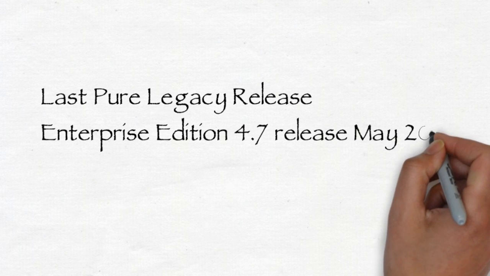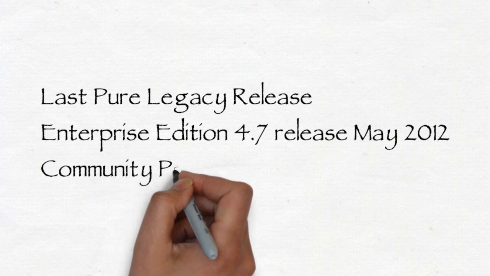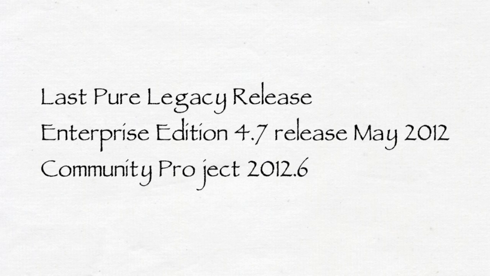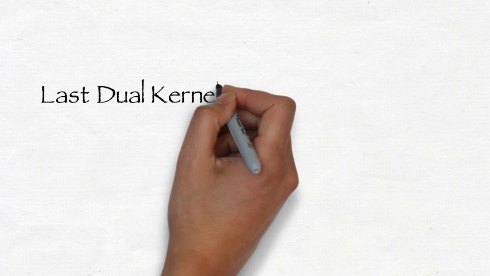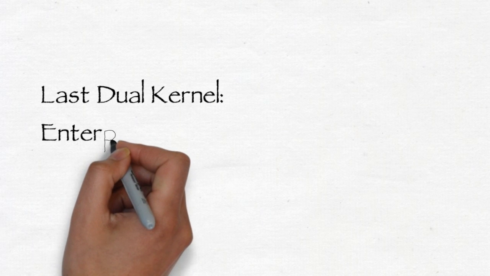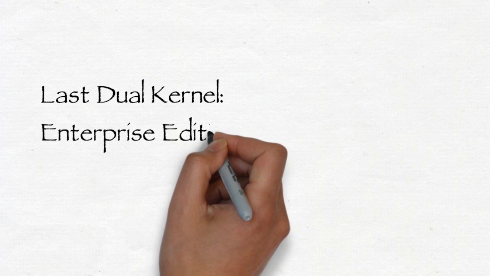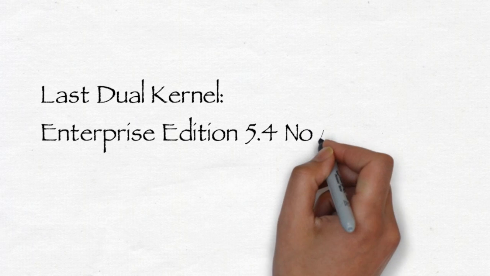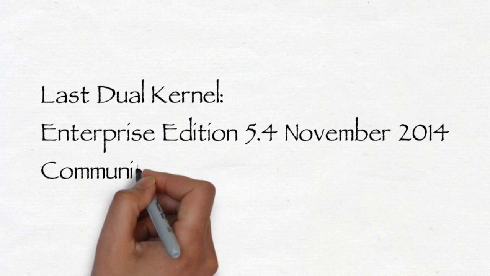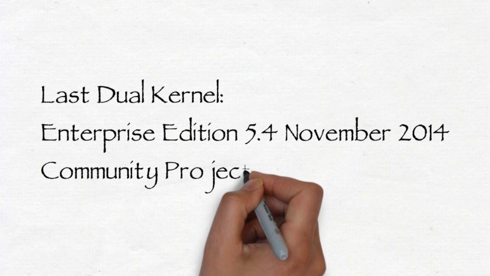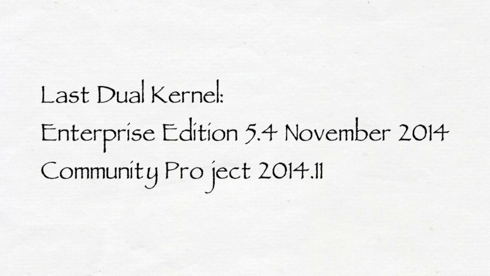This was the Enterprise Edition 4.7, and the last pure legacy version of the community project was 2012.6. The last release of the dual kernel Enterprise Edition of Easy Publish was in November of 2014, or version 5.4, while the last release of the community project of the same structure was version 2014.11.